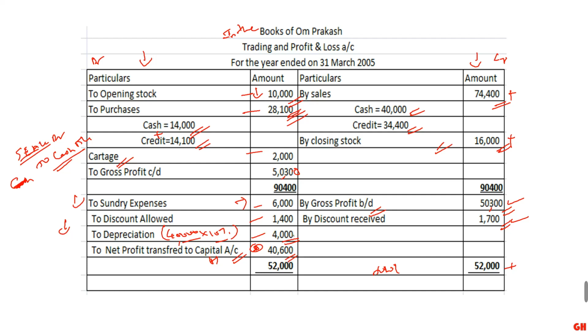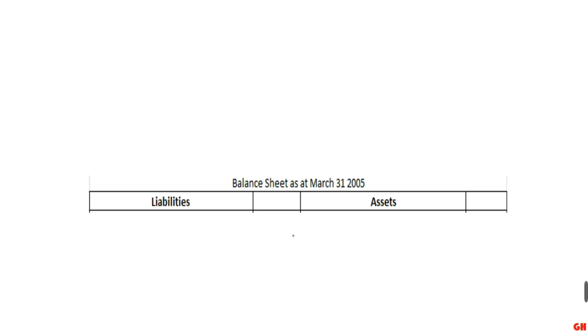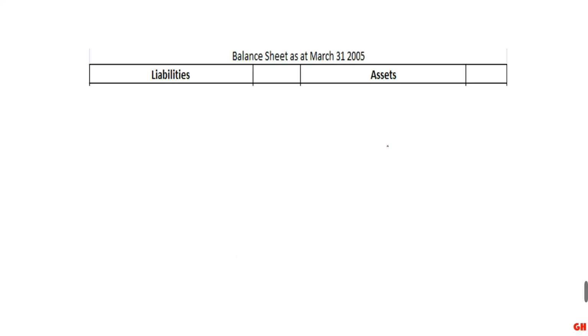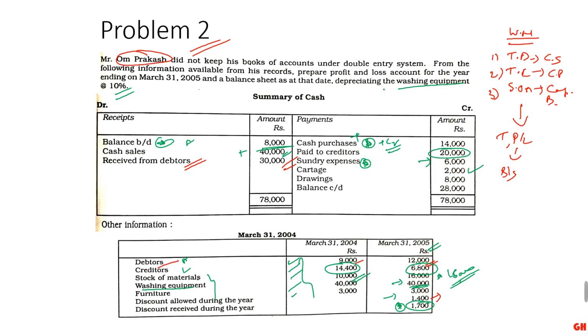So now let us start with construction of balance sheet. Preparation of balance sheet as on 31st March 2005. Liability side, asset side. Now we will see one by one all the items which are related to this balance sheet. So balance sheet items are directly given: debtors, asset, creditors, liability. Then all these assets will be shown in balance sheet.